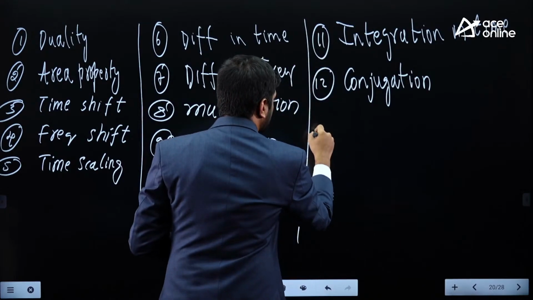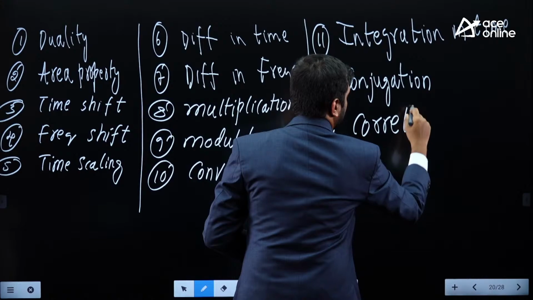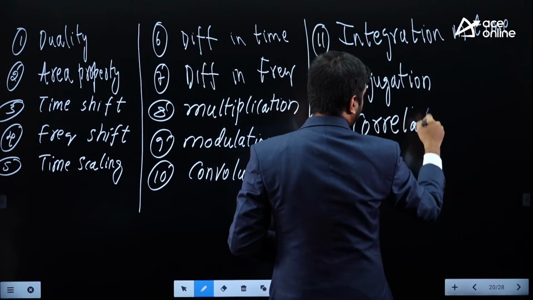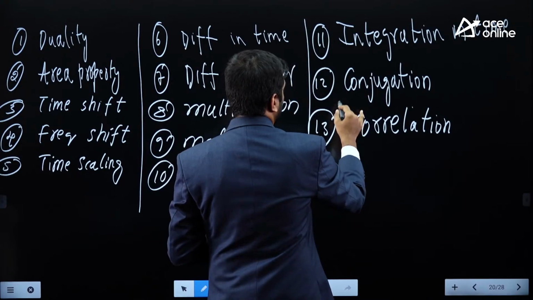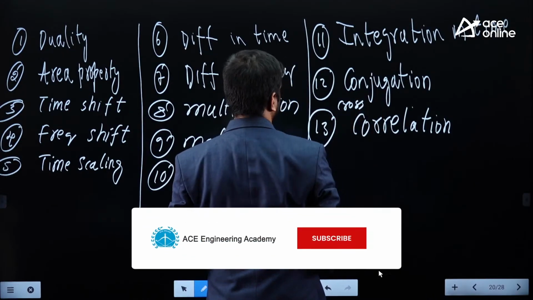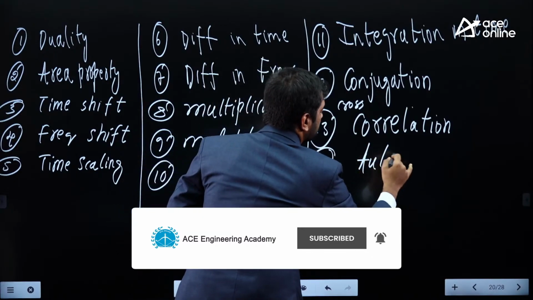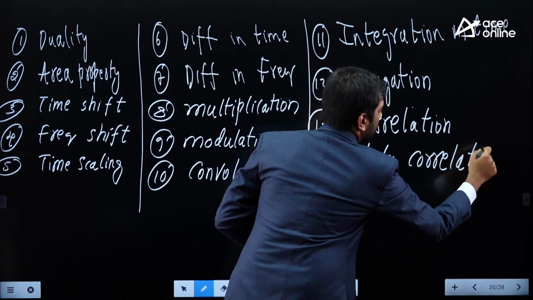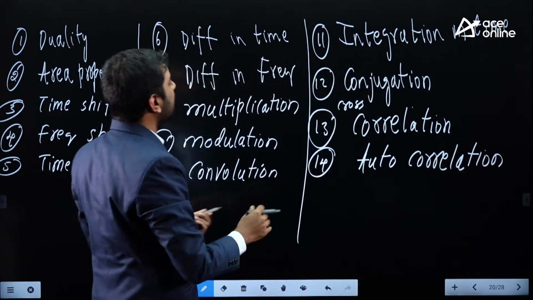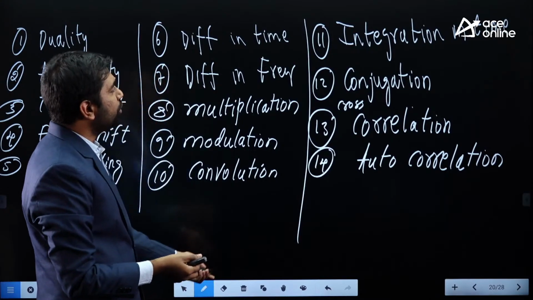okay, and then correlation. Maybe I should have written cross correlation. Okay, let's write cross correlation, and then autocorrelation. Okay, so these are the properties, and the most important one, like in the Fourier series also we have highlighted.